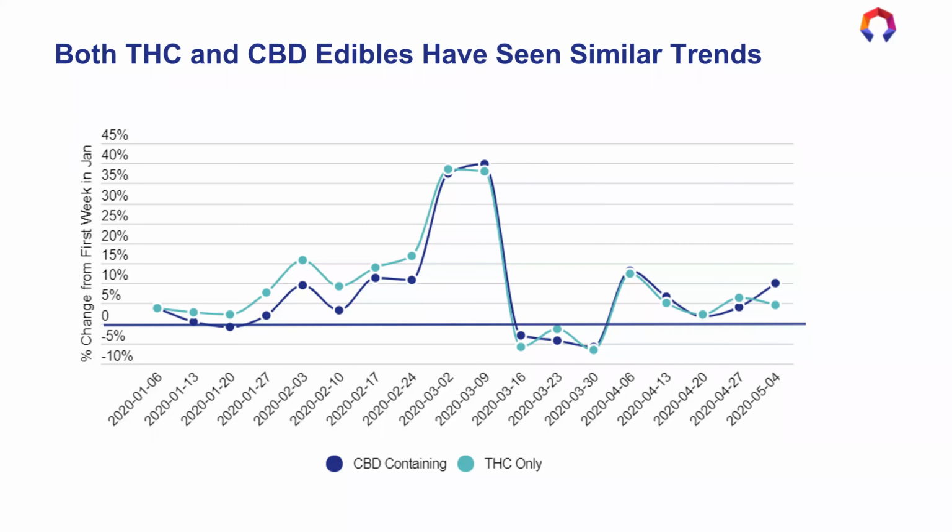To me, this means that we haven't seen a rush for one product or the other. I think Rick was showing a bit of negative sales trends for CBD in some of the non-regulated channels, but here it looks like they are relatively similar. And when we think about why someone might consume something with CBD, perhaps we can gain a little bit of light on that. I'm going to turn it back over to Rick to talk about some of those use case reasons.